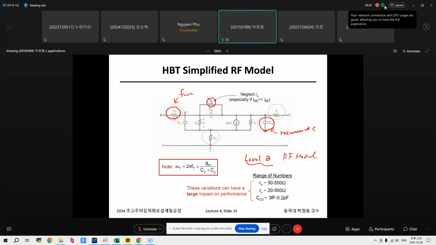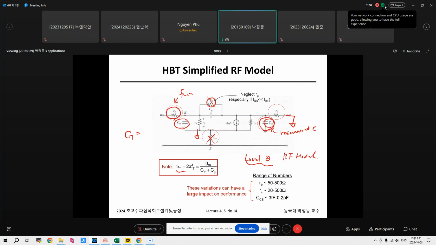So here, omega t is Gm divided by C pi plus C mu. Why? Omega t is defined like this way. So if you neglect this, this is grounded. So the total capacitor is this plus this capacitor.